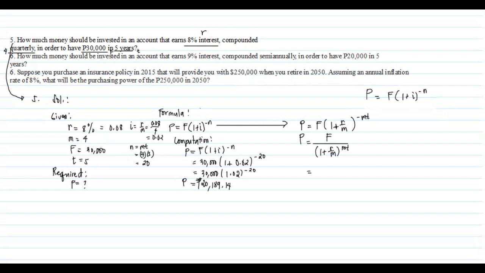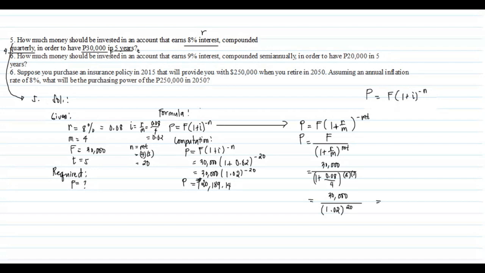And then, we could just directly use whatever we have right here. So, yung F there is 30,000. And then, 1 plus, the quantity of 1 plus R, which is 0.08, divided by 4 times 4 raised to 5, which would give you 30,000 divided by 1 plus 0.02, which would still give you 1.02, by the way. 1.02 raised to 20.